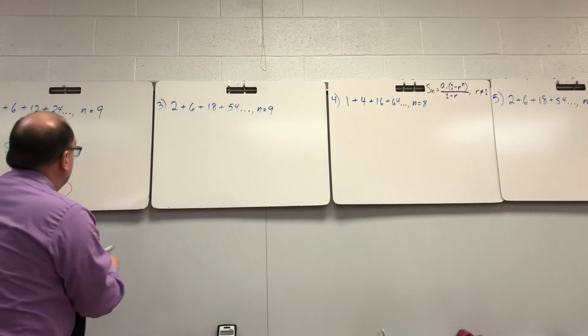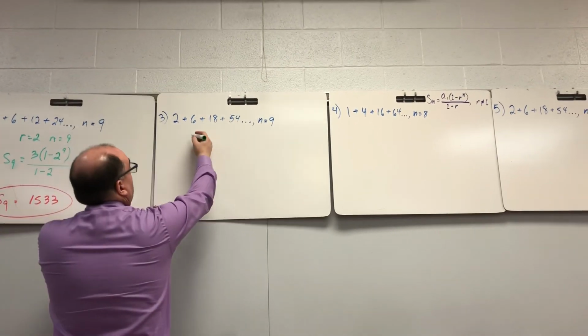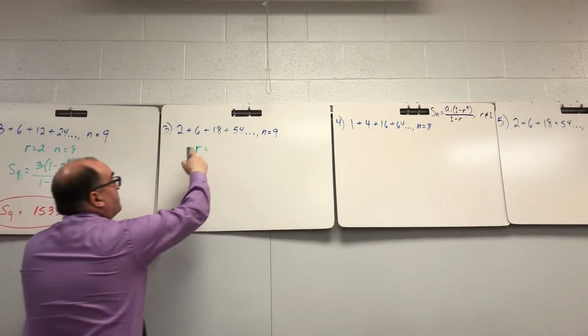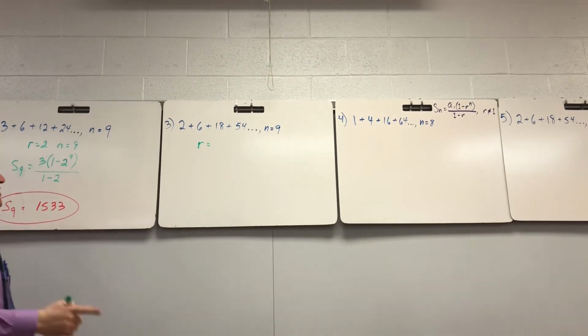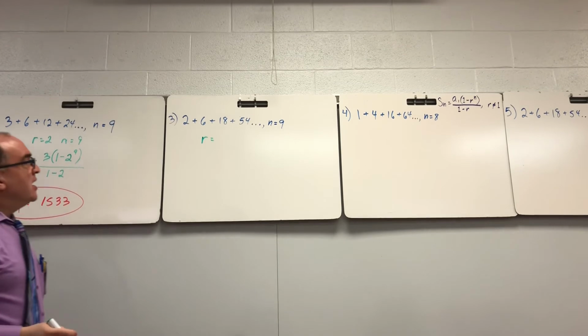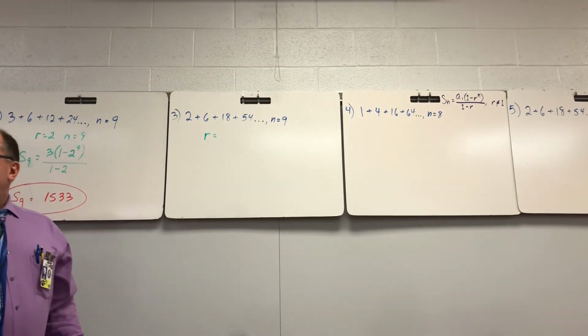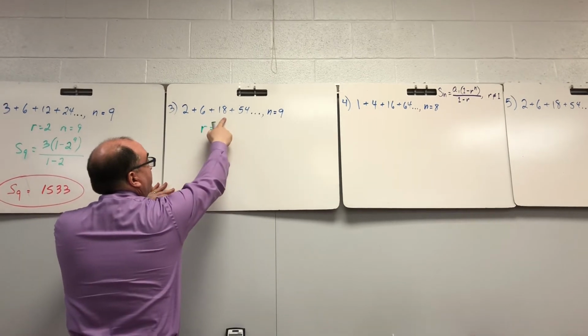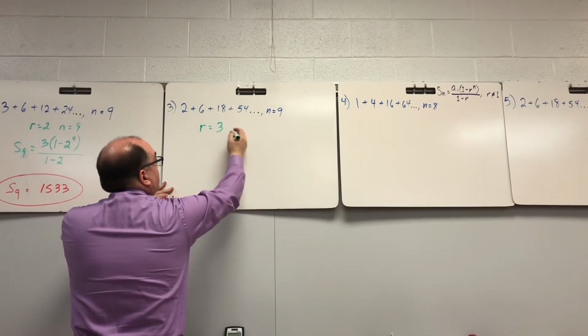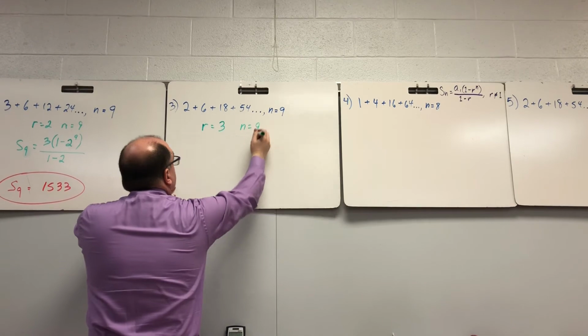Next one. R, what's R in this one? From 2 to 6 to 18 to 54. Anyone see what R is? 3. Because 2 times 3, 6 times 3, 18 times 3. R is 3, and N is 9. Okay?